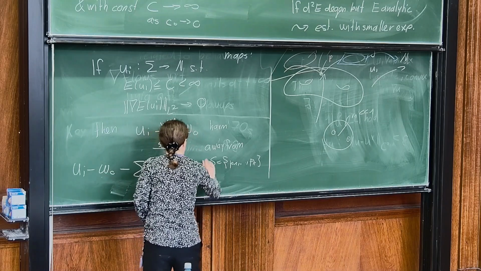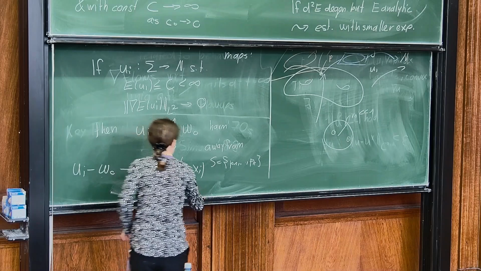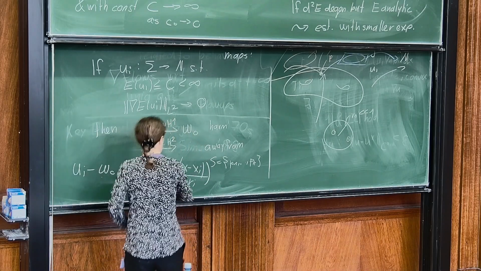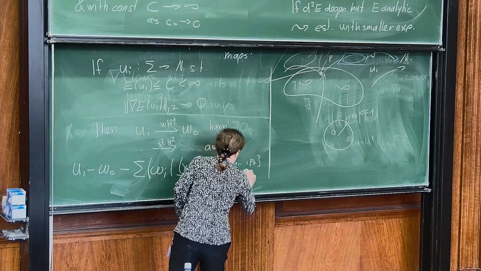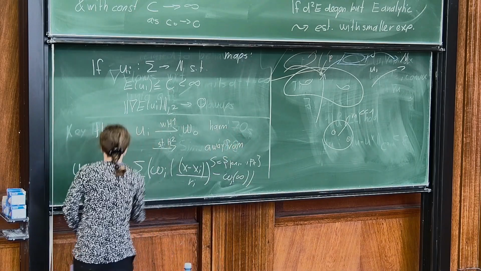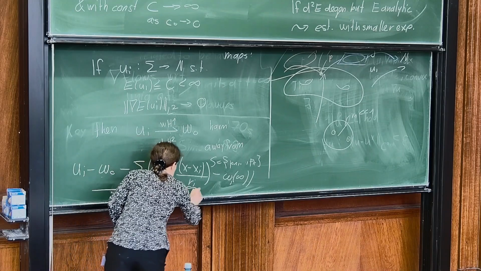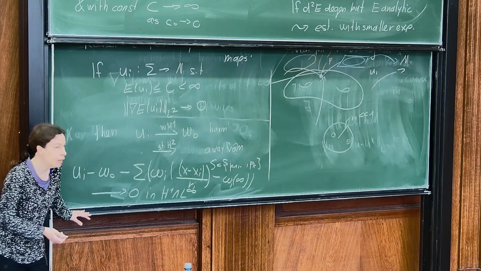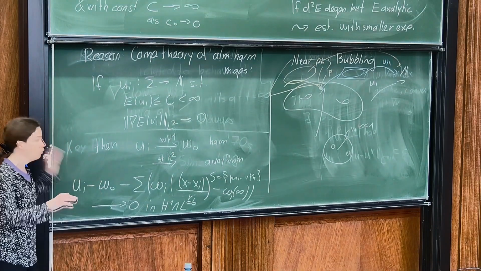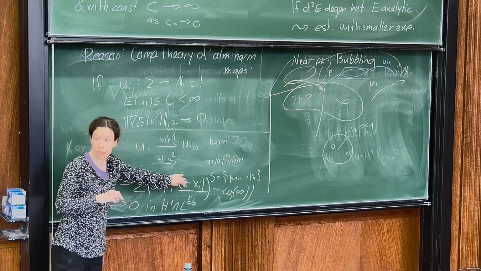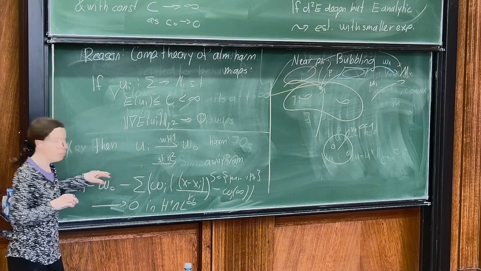So you have x minus xi, at really, really small radii, so I have to divide through ri. And if I do this the right way and normalize by taking away the limiting thing, then this goes to 0 in H1 and L infinity. So basically your whole map is built out of puzzle pieces, some of which are coming at extremely small scale, and then the bulk map omega 0.